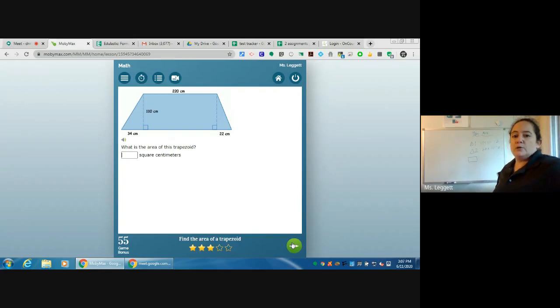The rectangle is 110 times 220. How do I know? Because a rectangle's length and width are also perpendicular. And then we have our calculator, right? So let's do 55 times 34, which is 1,870.